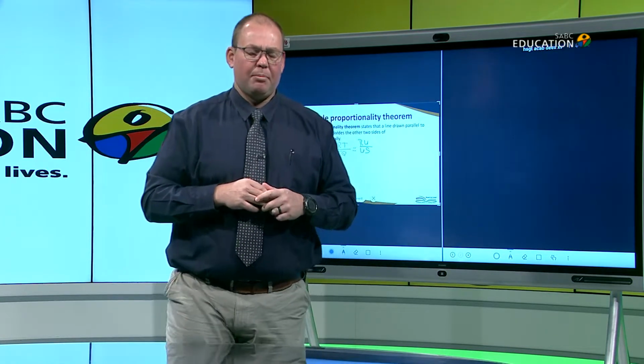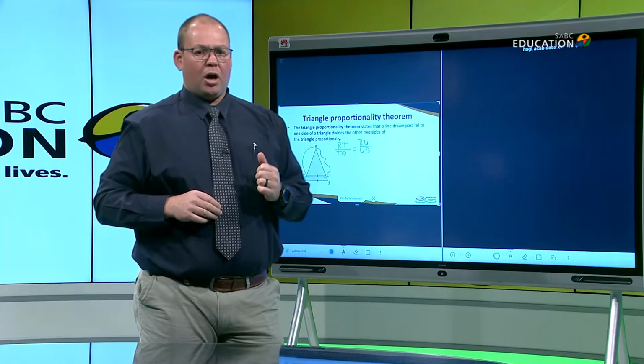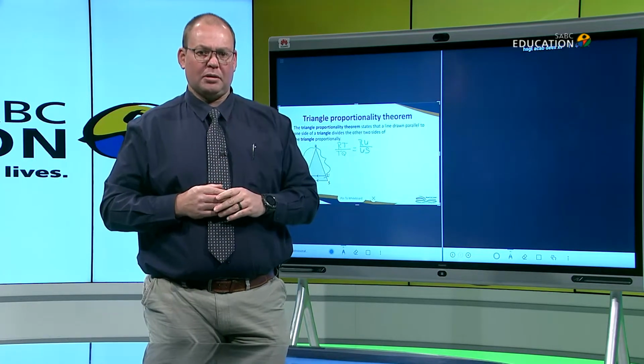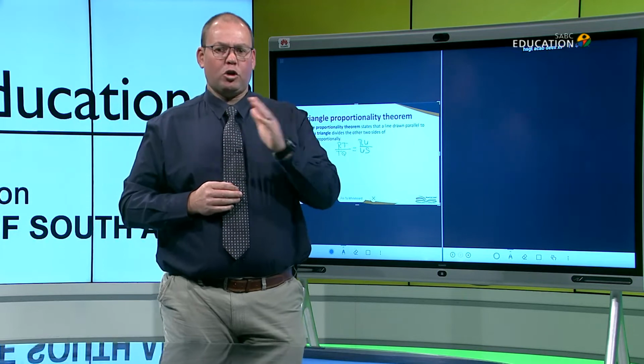When we get to proportion, it looks like we have two triangles, but you must think of it as one triangle being cut by a line parallel to one side, and then the two sides are divided. So I use only a section of one side, with a bit that's left over, and a section of the other side with a bit that's left over.